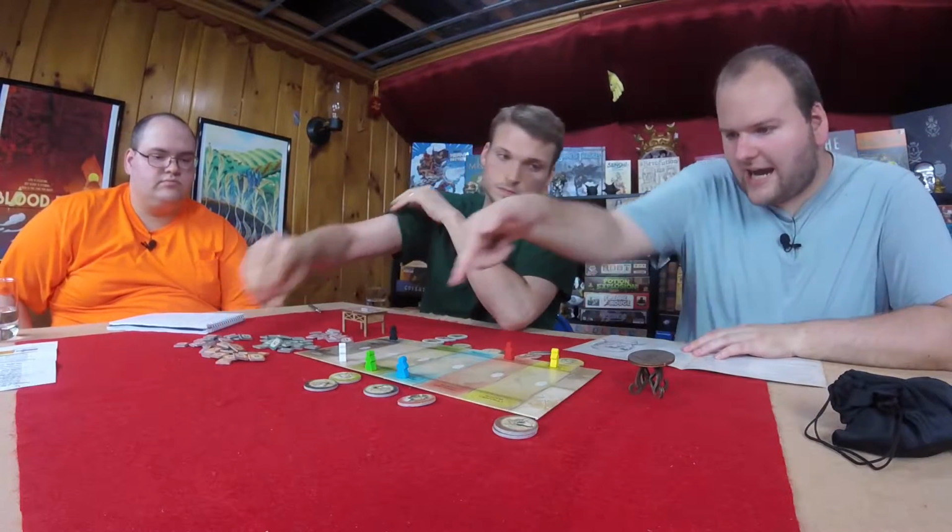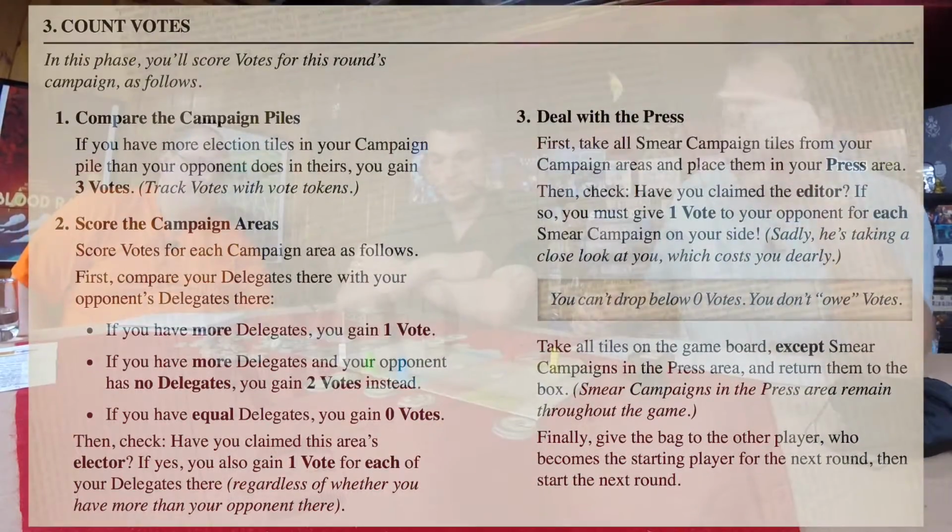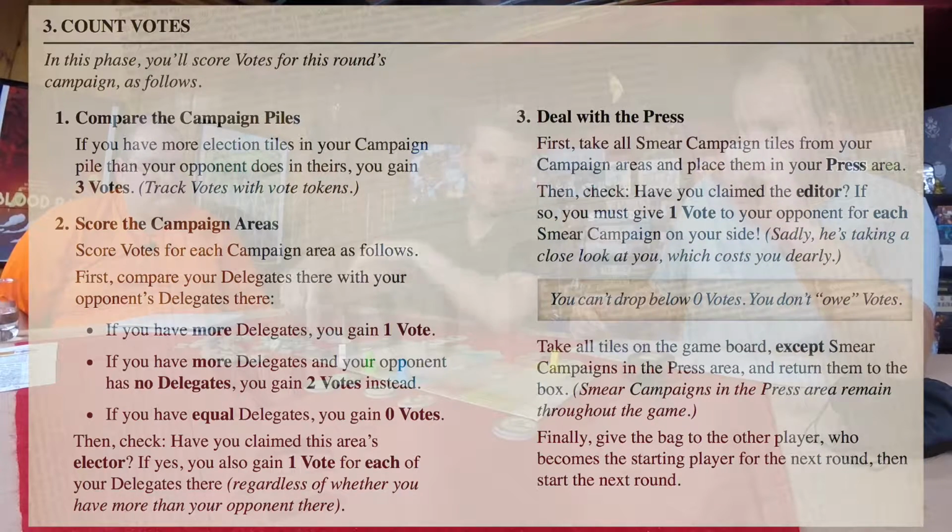Once all tiles have been taken from the board, the round is over and players collect their votes for the round. Votes are earned based on number of delegates, electors collected, and the size of campaign piles. However, the player who has collected the editor figure must give 1 vote to their opponent for each smear campaign they've collected.